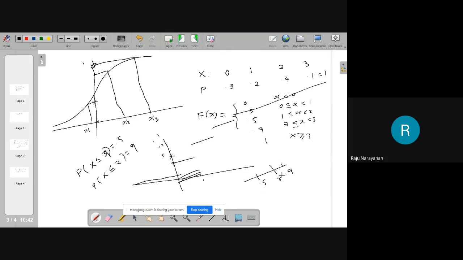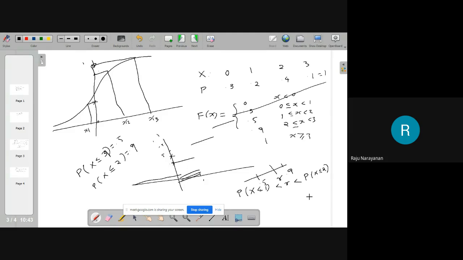Suppose R is here. That is, R is such that the probability that x is less than or equal to 1 is less than R, and R is less than the probability that x is less than or equal to 2.